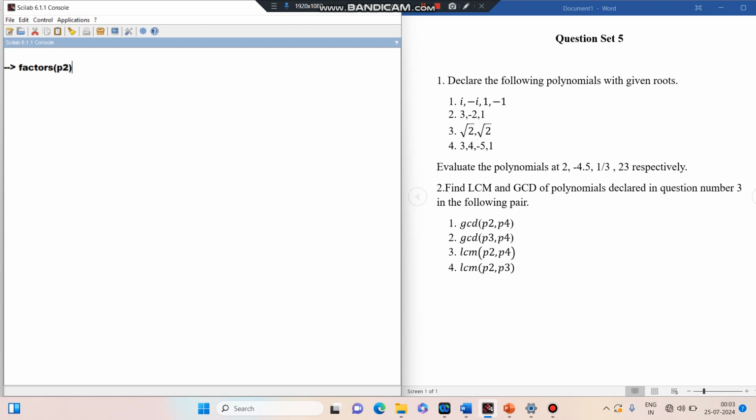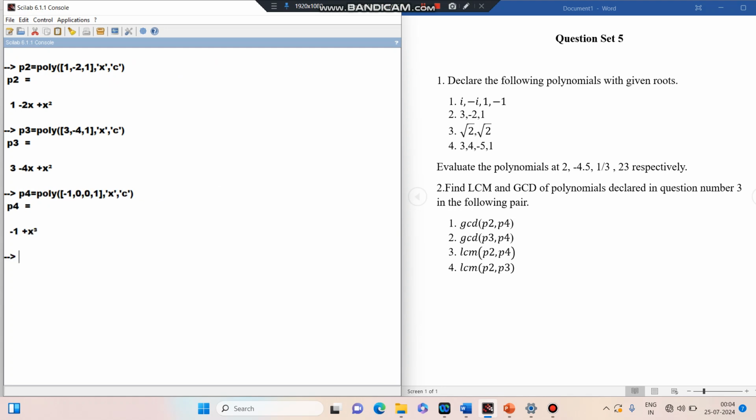We have the P2, we want P3 now, so we can use the arrow key, and we want the P4 as well. So this is our P4, and let us find LCM and GCD. The first question is about the GCD.